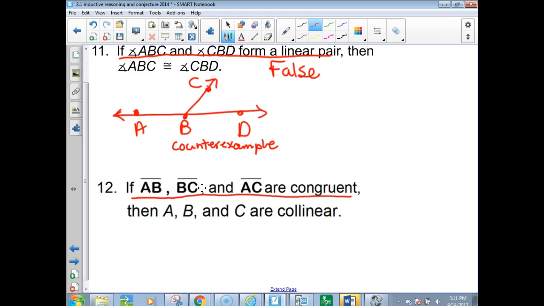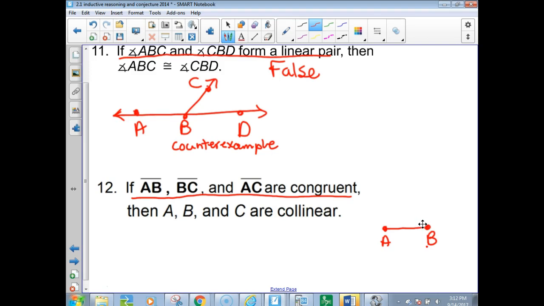And the C, and the A, it means they have to be connected. It says that we want to have AB, BC, and AC congruent. So if I make a segment AB, and I want it to be congruent to another segment that has B in it, BC, and then I want the segment from A to C to be congruent.